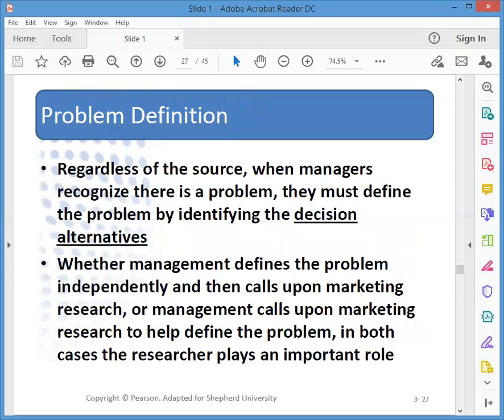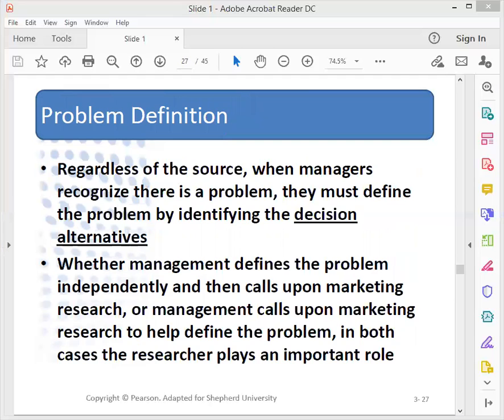So when managers recognize there is a problem, they must identify the decision alternatives that they can choose to solve that problem. When management defines the problem in terms of a decision to be made, researchers should ensure managers are defining the problem correctly.